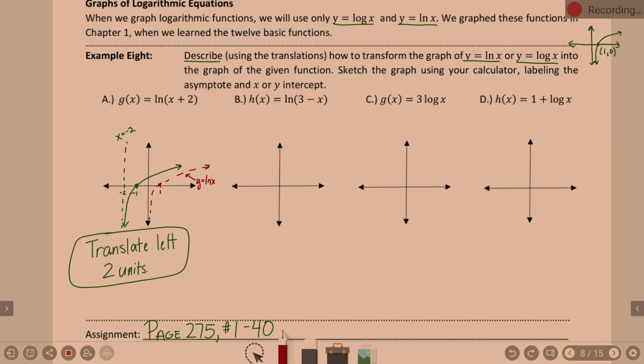H of x equals natural log of 3 minus x. There are two different ways we can look at this. Well, if you flip it, it becomes -x plus 3. That would be a reflection, and then it goes to the left 3.